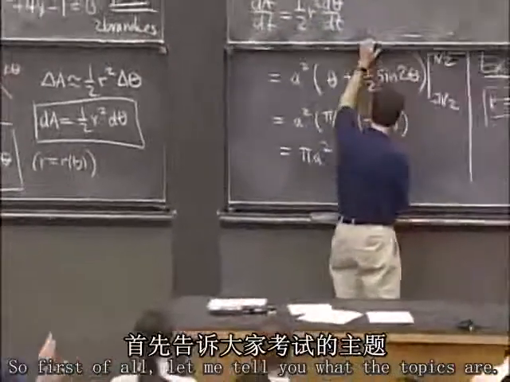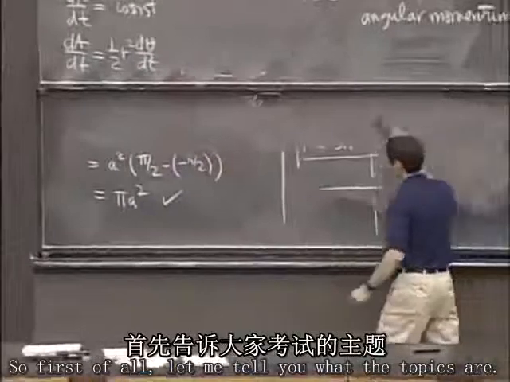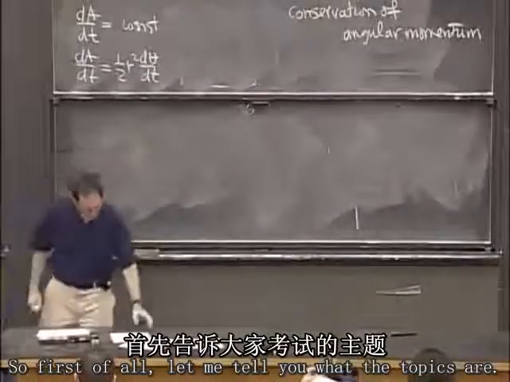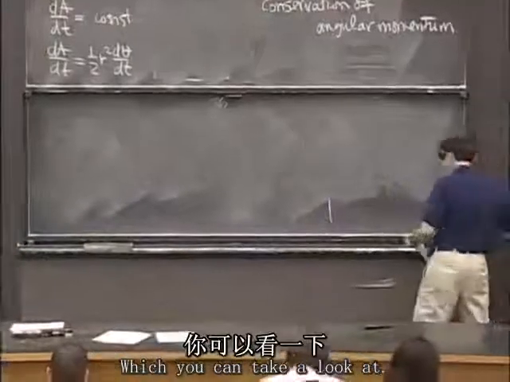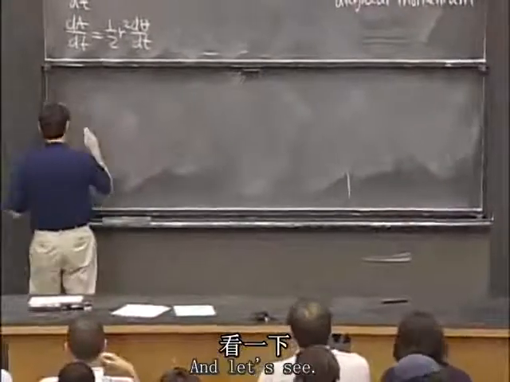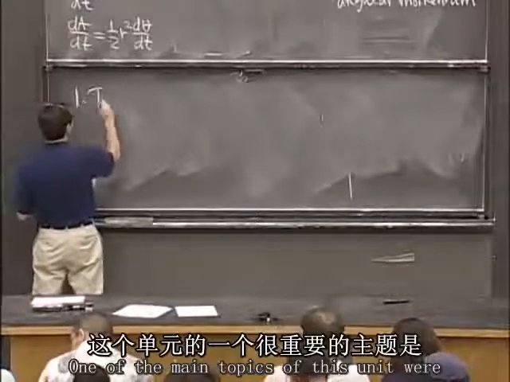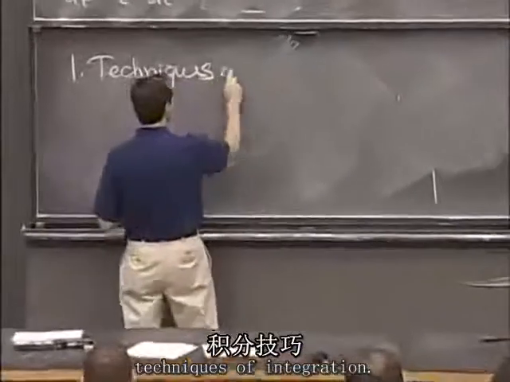So first of all, let me tell you what the topics are. They're the same as last year's test, which you can take a look at. And, well, let's see. So what did we do? One of the main topics of this unit were techniques of integration.